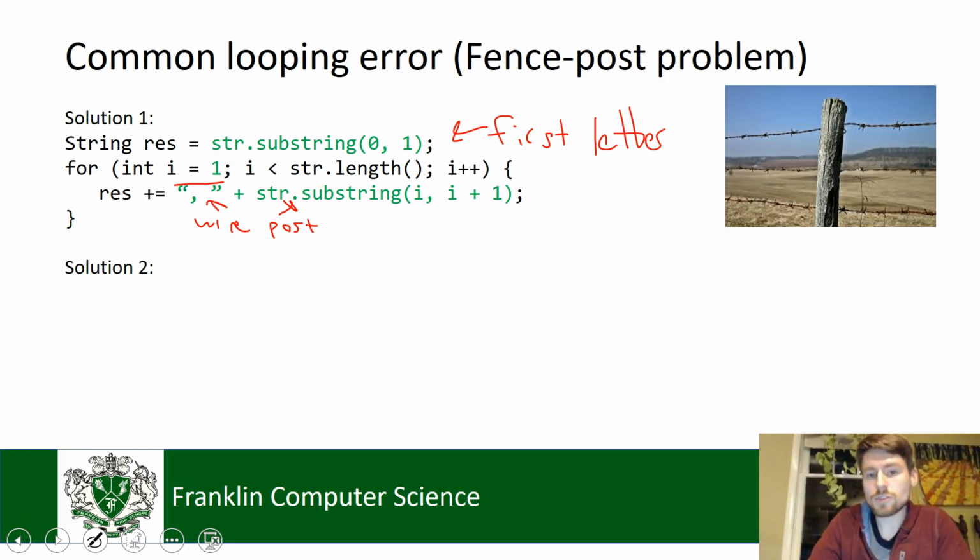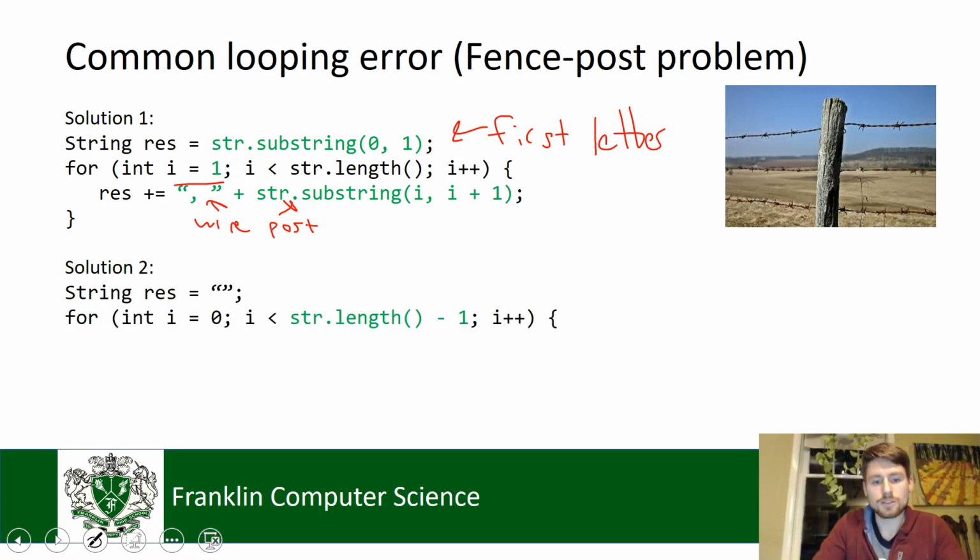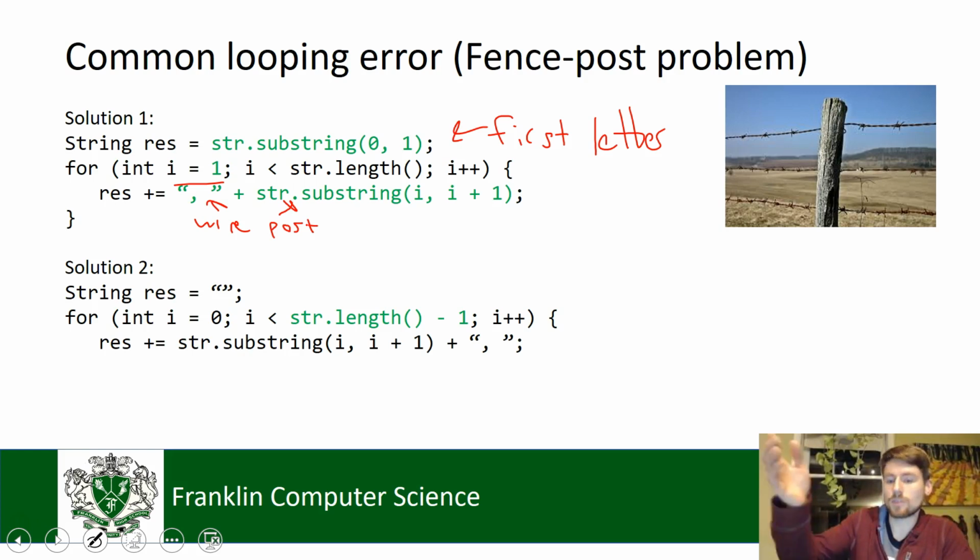Okay, so the other approach. So this was the plant the post and then reverse the order, start at the second post, and you'll be done. The other method is to do the usual order one less time and then plant the last post outside. So what's that going to look like? Start with an empty string, do the usual order. Oops, here's the usual order, right? String, the ith letter followed by a comma, and go one fewer times.